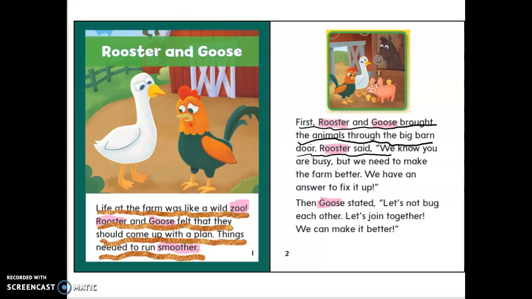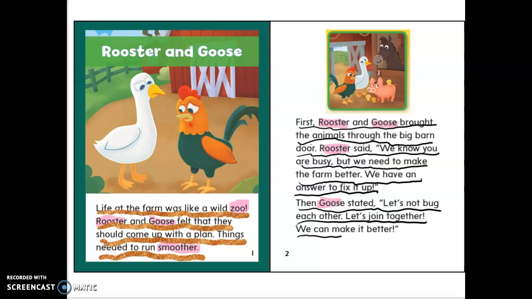Rooster said, "We know you are busy, but we need to make the farm better. We have an answer to fix it up." Then Goose stated, "Let's not bug each other. Let's join together. We can make it better."